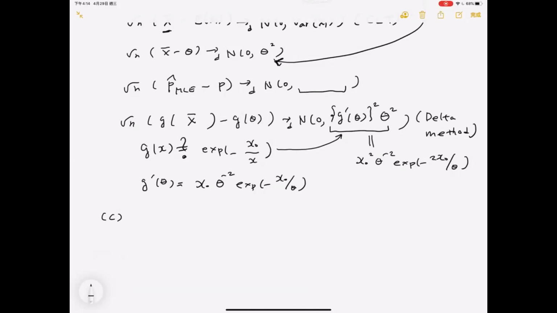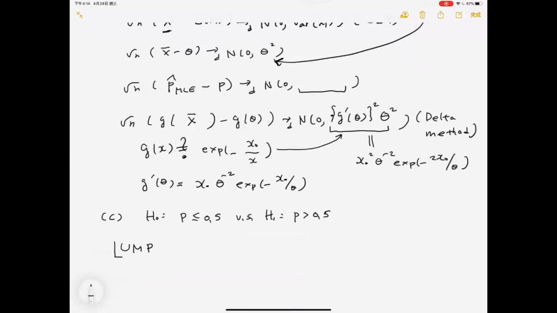So really I'm testing whether or not P is bigger or smaller than half. My null hypothesis is written down as P smaller than 0.5, or the alternative is bigger than half, right here. I'm asked to find the UMP test.